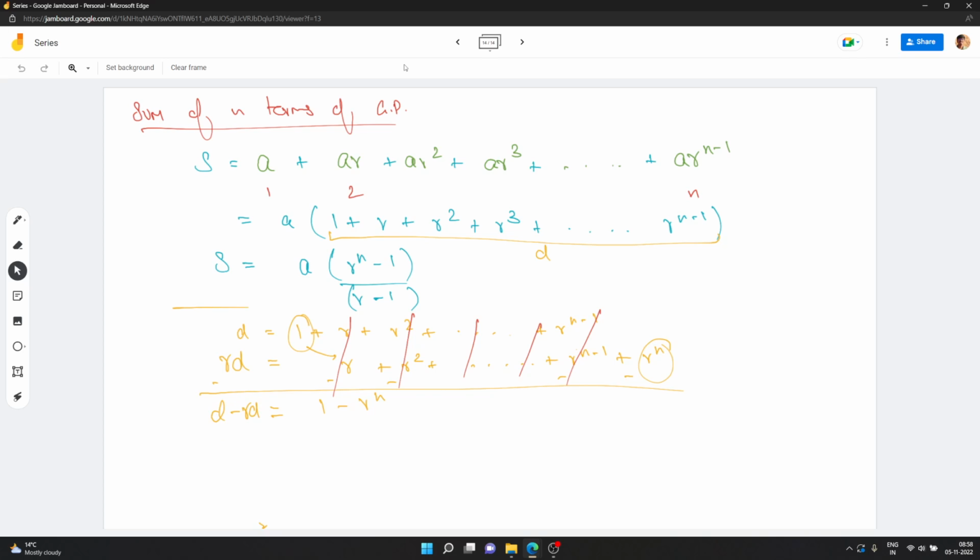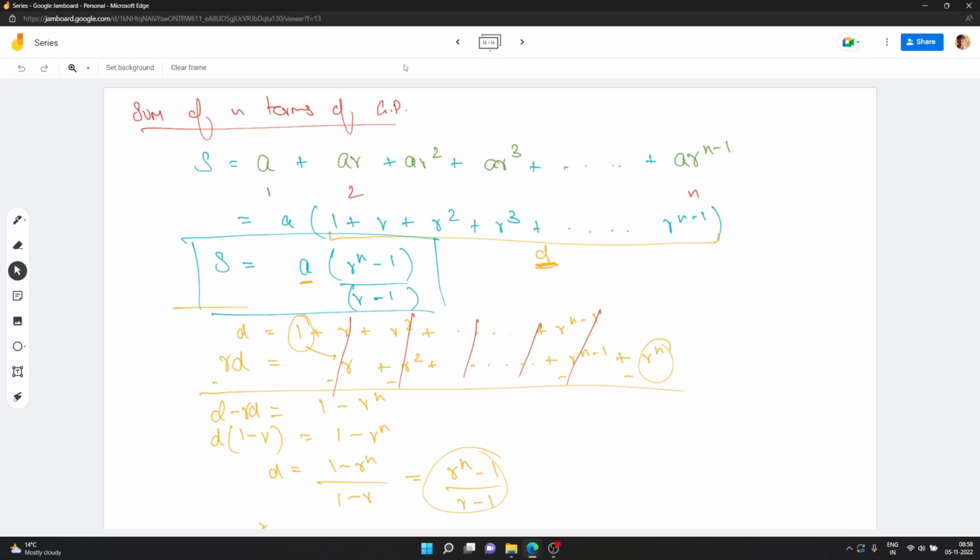So d times 1 minus r, and finally your d becomes 1 minus r power n by 1 minus r, which can also be written, if you multiply by minus 1 on both sides, as r power n minus 1 by r minus 1, which is the same thing. So whatever you get here is rd, and we said that this one above was d, right? So this d we have to multiply by a, which we are doing here to get the s. So this is the derivation of this formula.